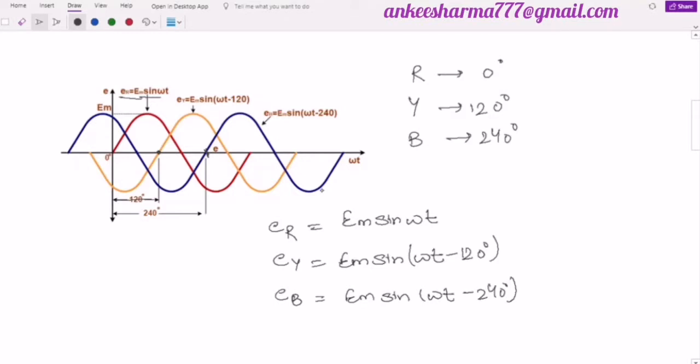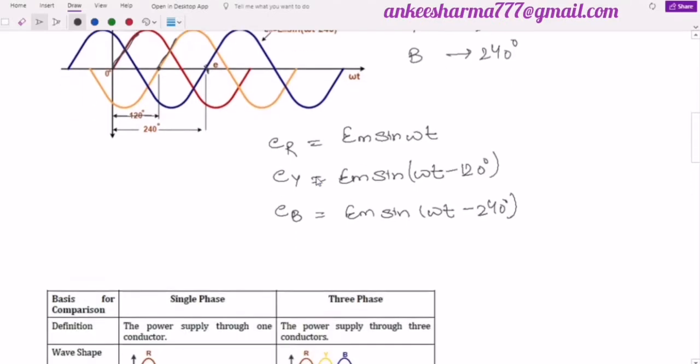You all are aware why I am using minus 120 degrees: on the omega t axis it is shifted towards the right hand side. If you look at the rising of this red one, in the yellow case it is shifted over here to the right hand side. So definitely it is omega t minus that angle, and that angle is 120 degrees.